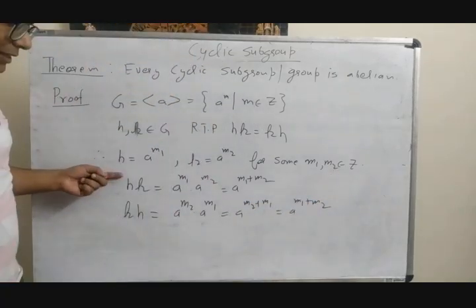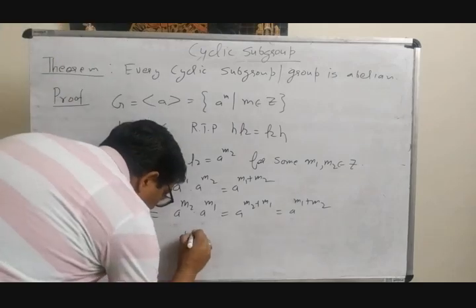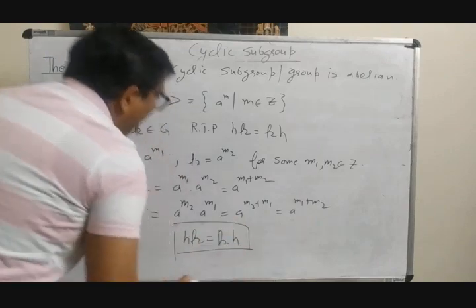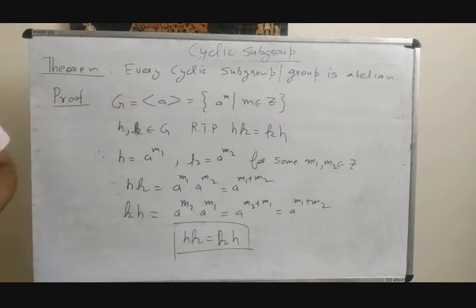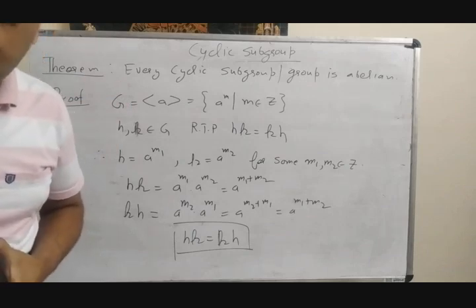So from here we can see that HK is equal to KH, and we prove that every cyclic subgroup is an abelian group.